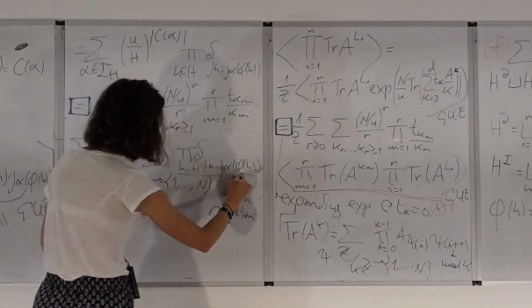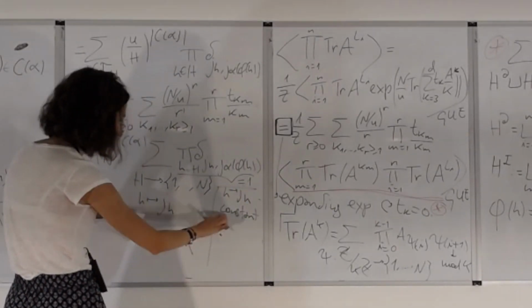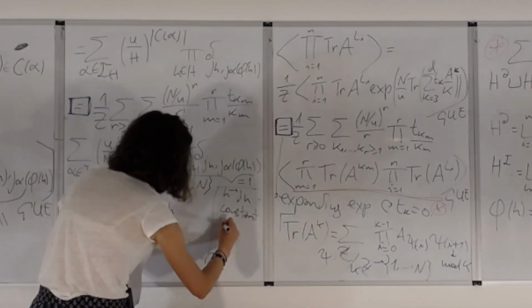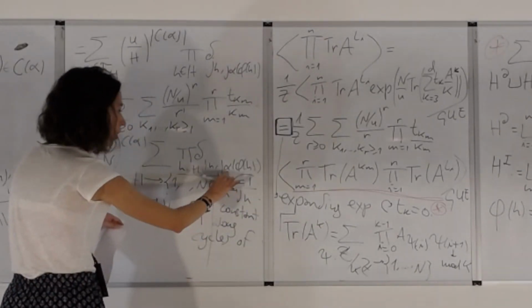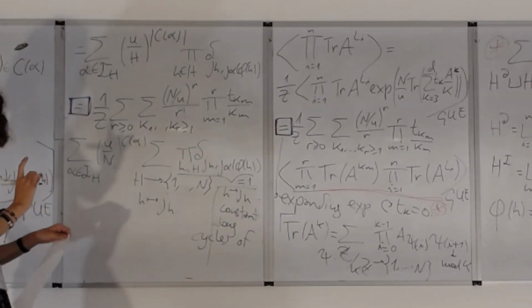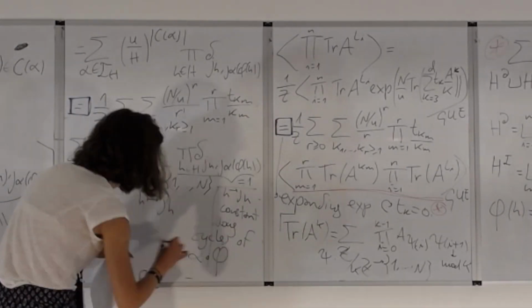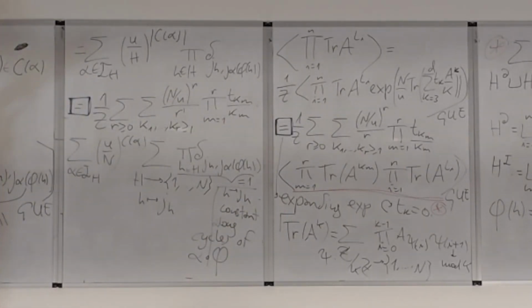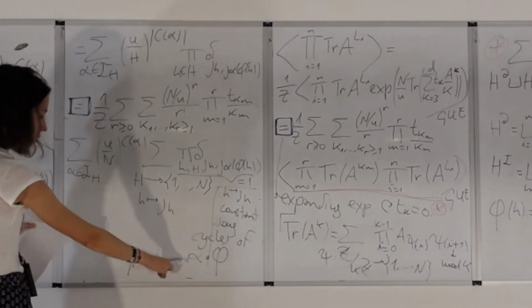I'm saying that these guys will be 1 when this is constant along the cycles of this permutation, because H has to be equal to this, for this to not be 0, for all the H's. And then we can just compute this. This is kind of just the n colorings of all the cycles of this permutation.